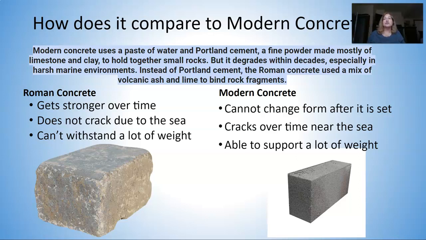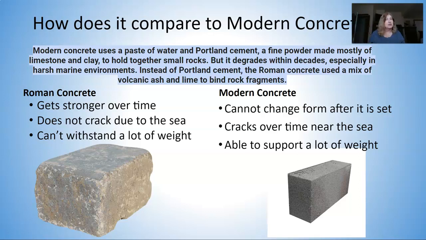So Roman concrete gets stronger over time, but the disadvantage is it can't withstand a lot of weight. But if you're in Rome and the worst thing that's going over your roads is carts versus cars, that's not a problem.